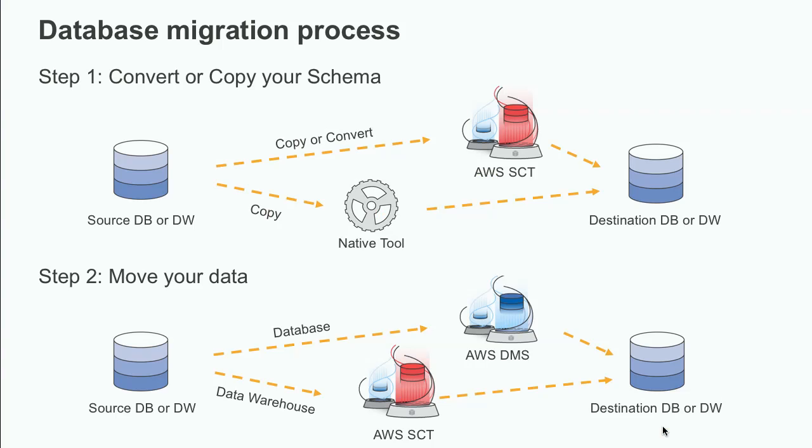So how does it work? So the schema conversion tool, I mentioned, converts, but it can also copy. Okay, so if you have a homogeneous migration, I want to move MySQL to MySQL, Oracle to Oracle, SQL Server to SQL Server, you can also use the schema conversion tool to copy your schema and the database objects.